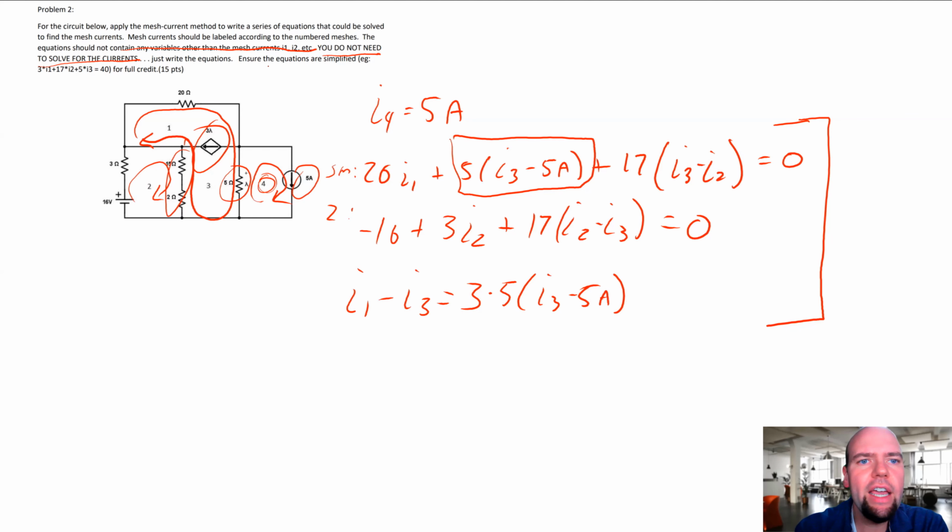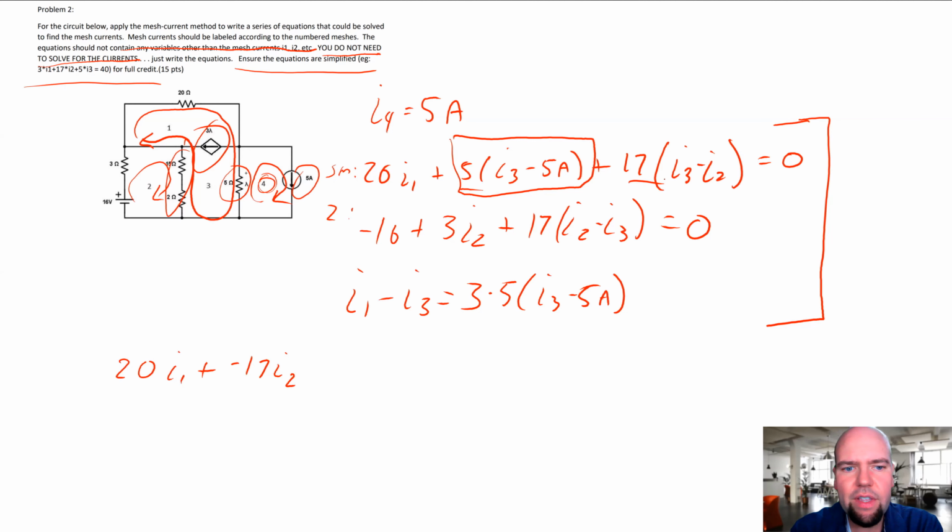This does say ensure the equations are simplified. So we should go back here and simplify these equations. And that's fine. So simplifying the super mesh equation, we have 20I1, then we have, looks like, negative 17I2, and then we have 5 plus 17I3.